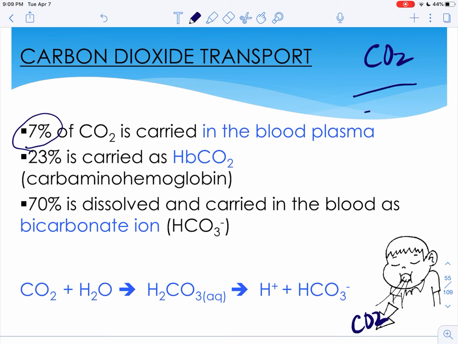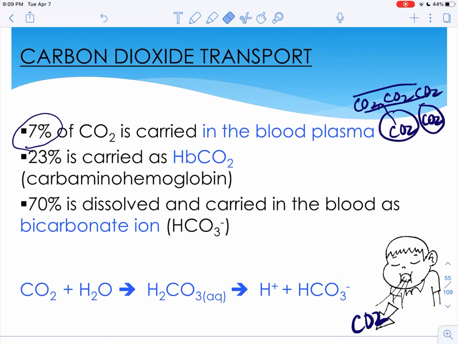The reason is that if we were to carry a lot of CO2 in the bloodstream, the cells surrounding the bloodstream that had it would not have a high ability to diffuse it into the blood, because there's already some from other places that it picked it up from. And so what happens is, this is a very brilliant mechanism of getting the body rid of the carbon dioxide: to not carry it as CO2 at all.